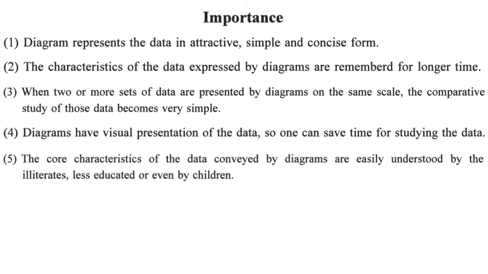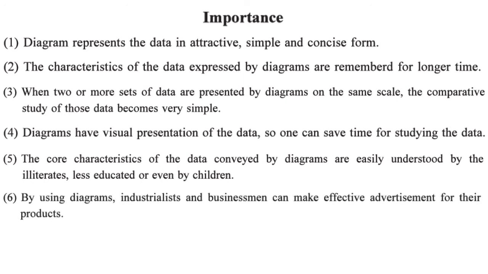The characteristics of the data conveyed by diagrams are easily understood even by the illiterate, the less educated, or even by children. So small children can also look at a picture and understand what it tries to say if we represent it using a diagram. By using diagrams, industrialists and businessmen can make effective advertisements for their products. We see advertisements by so many people in which diagrams are depicted.